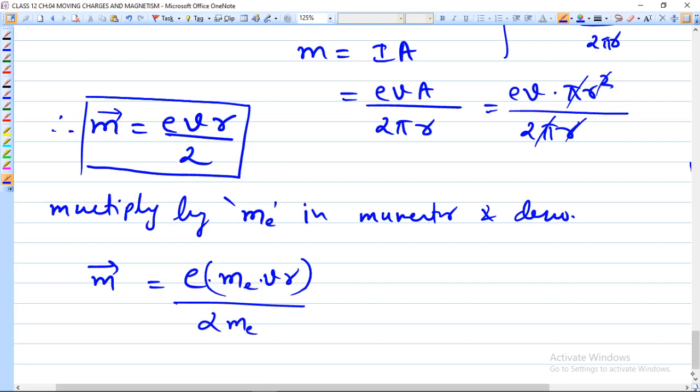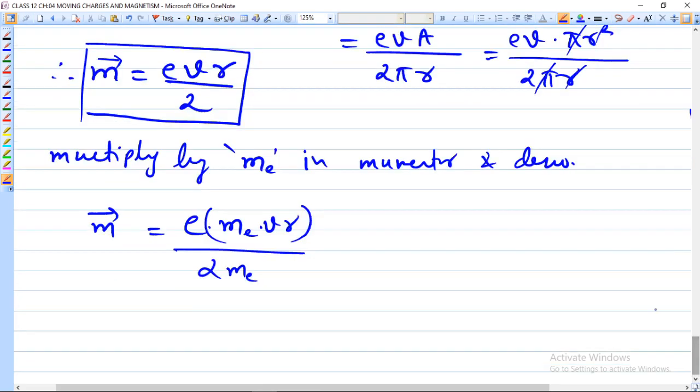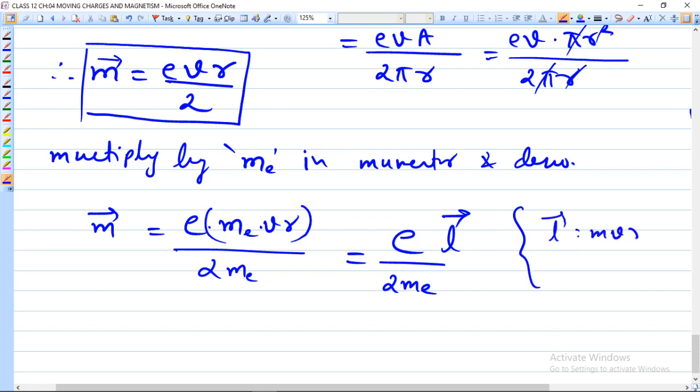Clear? And you know mass into velocity into radius is nothing but angular momentum, guys. This L bar equals m v r is nothing but angular momentum.